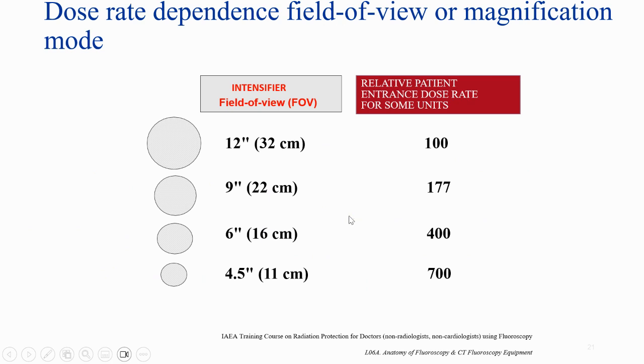But in case you are going to use the image intensifier, you have to keep in mind that collimation will cause a reduction in brightness, which means the machine itself will try to increase the brightness using automatic brightness control. At that time, you will increase the patient dose. So when using an image intensifier, try to avoid collimation.